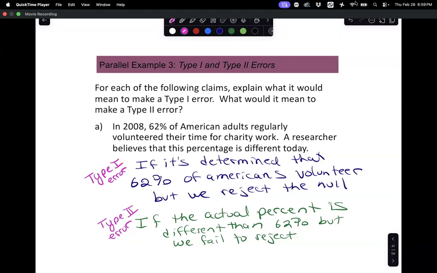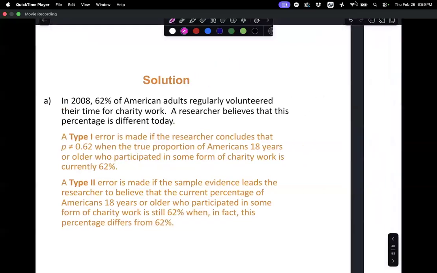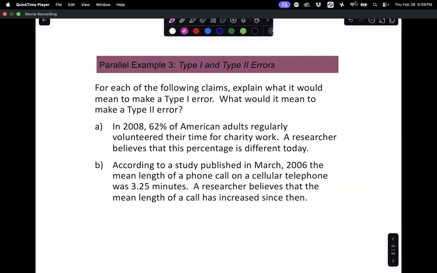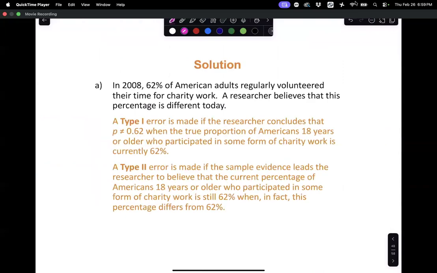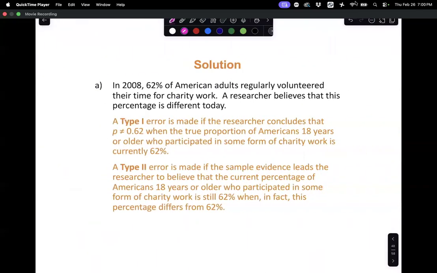We good? All right. So this is the exact same thing I just said, just written out, probably in fancier words. We're going to do one more. Okay. So mean length of a phone call. We want the type 1 and the type 2 error. So type 1 was to, okay, reject when we shouldn't.